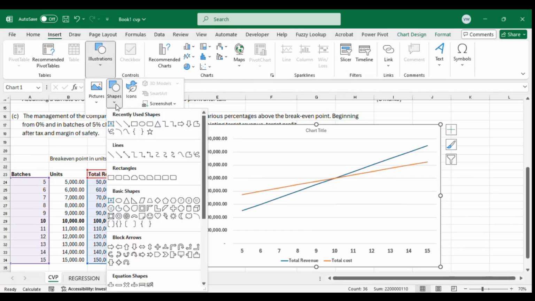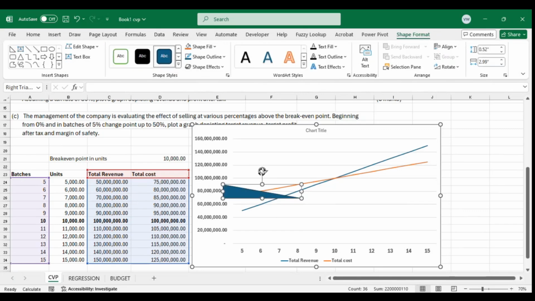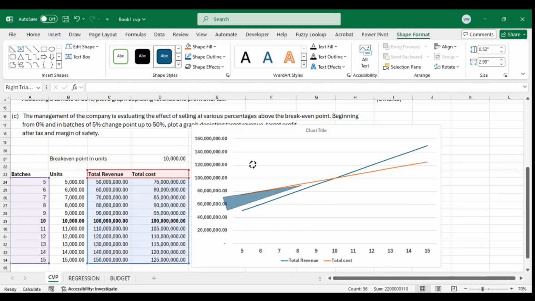We can use shapes, and shapes can easily be manipulated so that we get what we want. And when you try to manipulate this shape, then we can use it here to show our loss region.